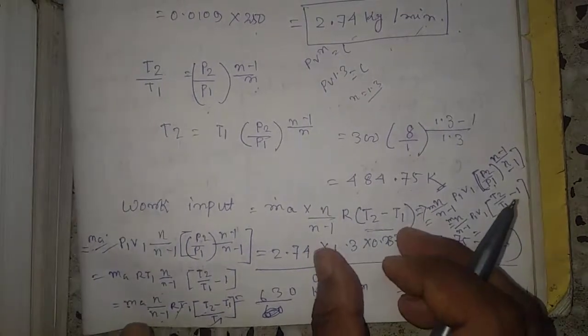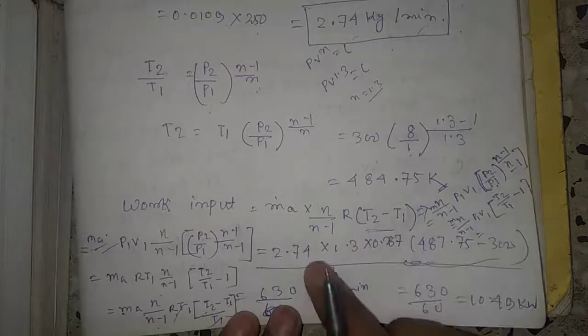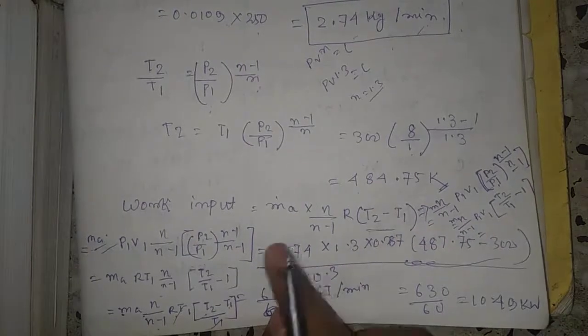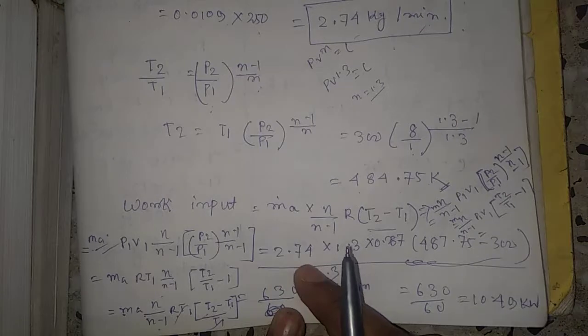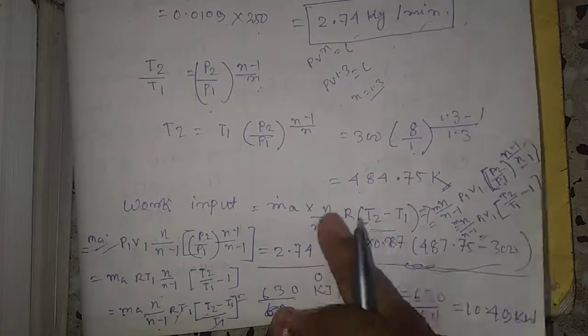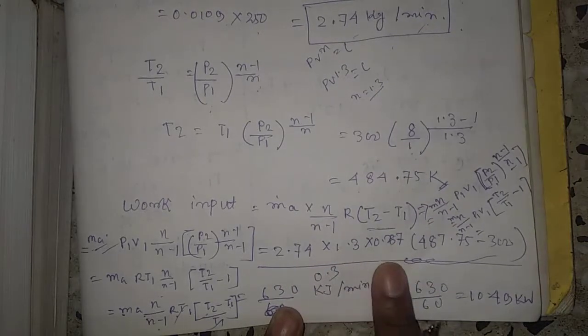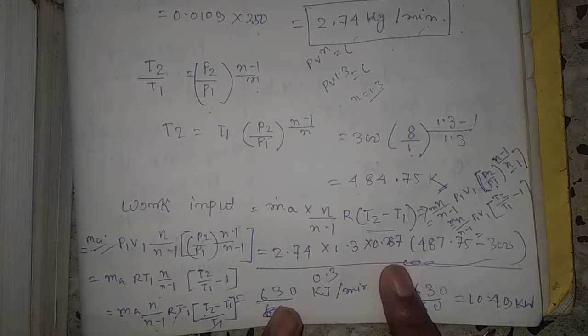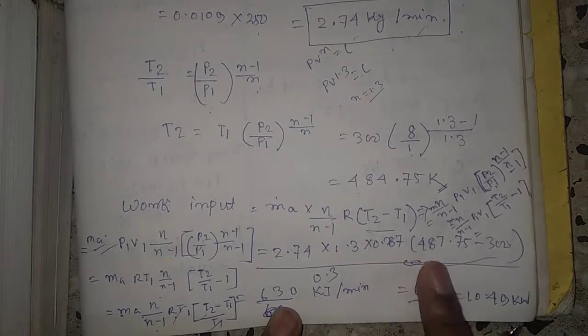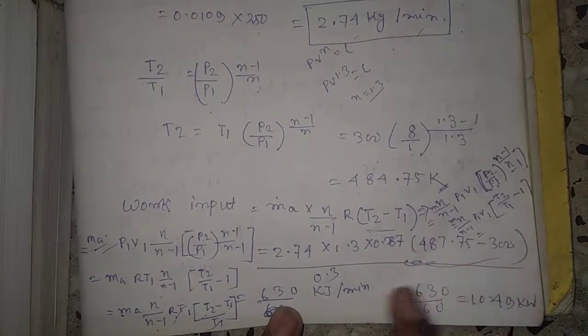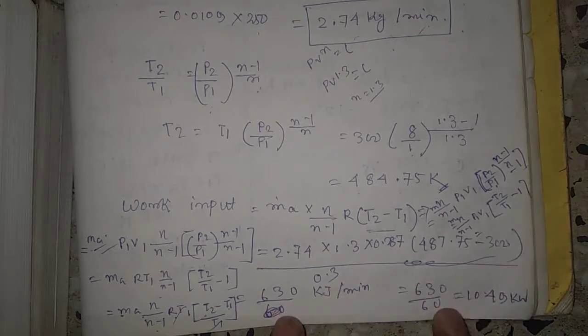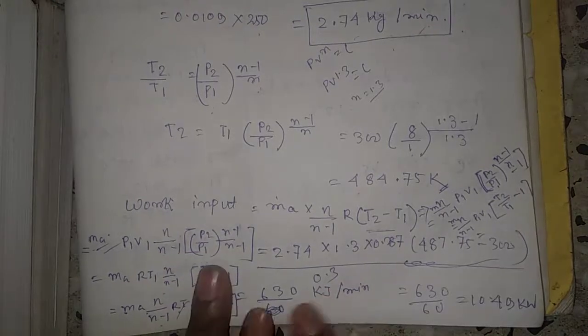Got it. Now the mass of air compressed is 2.74, n is equal to 1.3, the value of R you already know is 0.287, and T2 and T1 values you already know. So the work input will be 630 kilojoule per minute.